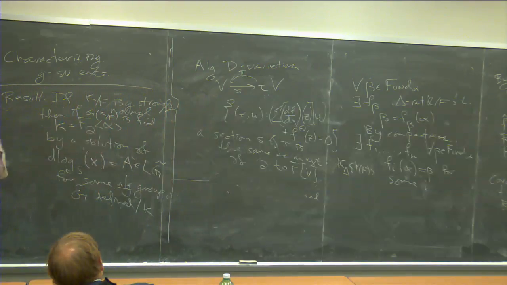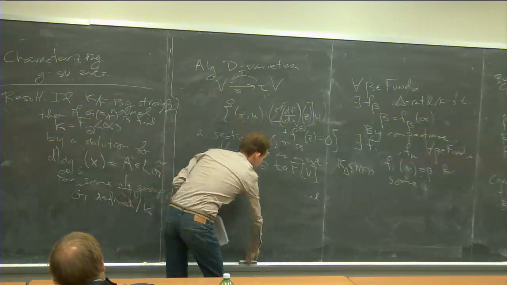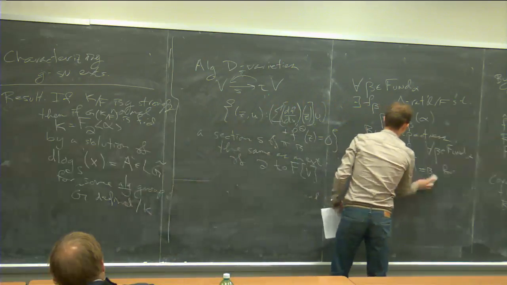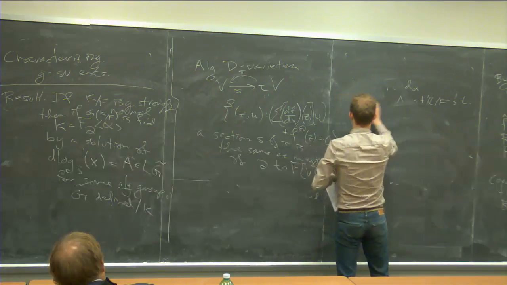F is our ground field, and this is the coordinate ring of V. Take generators of the defining ideal. Here I just assumed F goes over the whole defining ideal. This was just a very simple case.